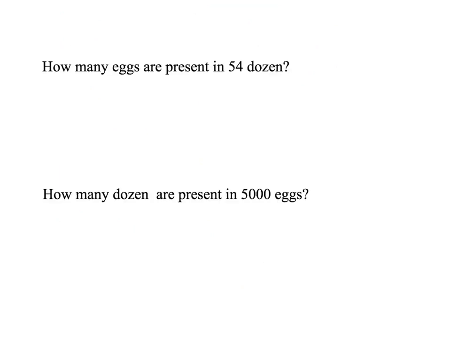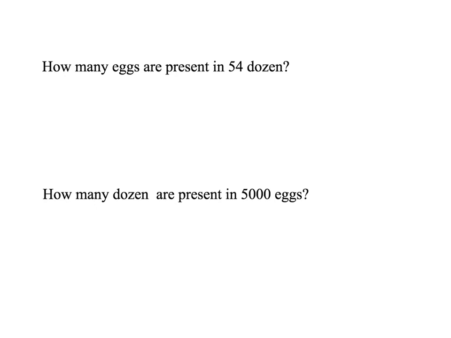So here's a couple of examples of problems that I know you can solve already. How many eggs are present in 54 dozen? I know that you can take 54 dozen and divide or multiply by 12. There's 12 eggs in a dozen, I'm sorry.